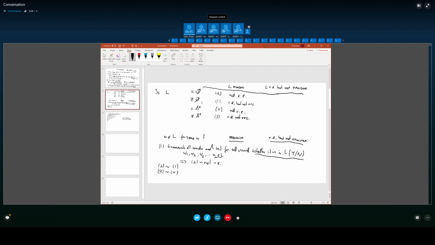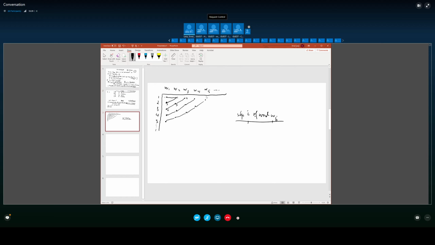Now, it may not terminate if the word is not in the language, okay? But if there is a word, W5, that is in the language, then you will get as many steps as are necessary.